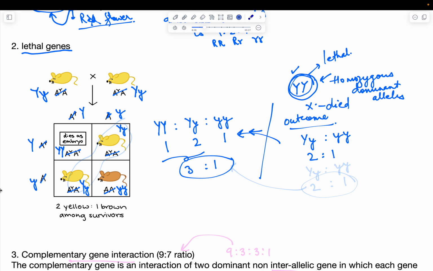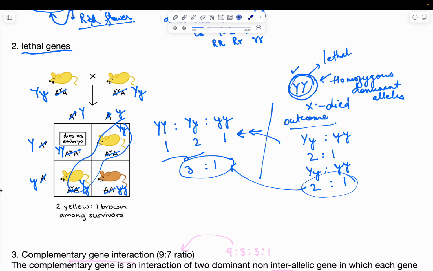And the phenotypic ratio was that two mice were yellow and one was brown, which is again different from the phenotypic ratio of Mendel.